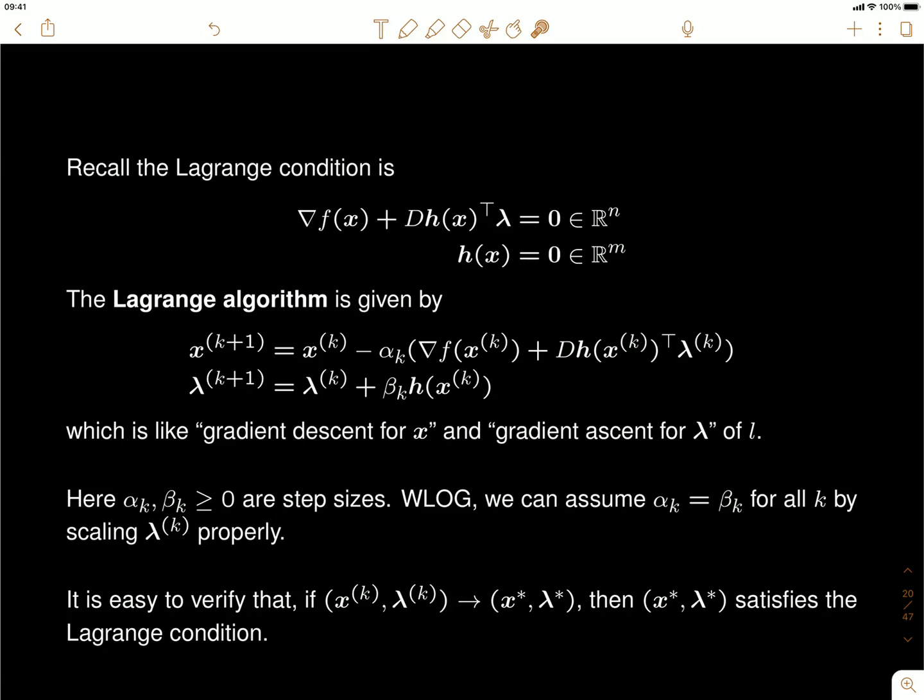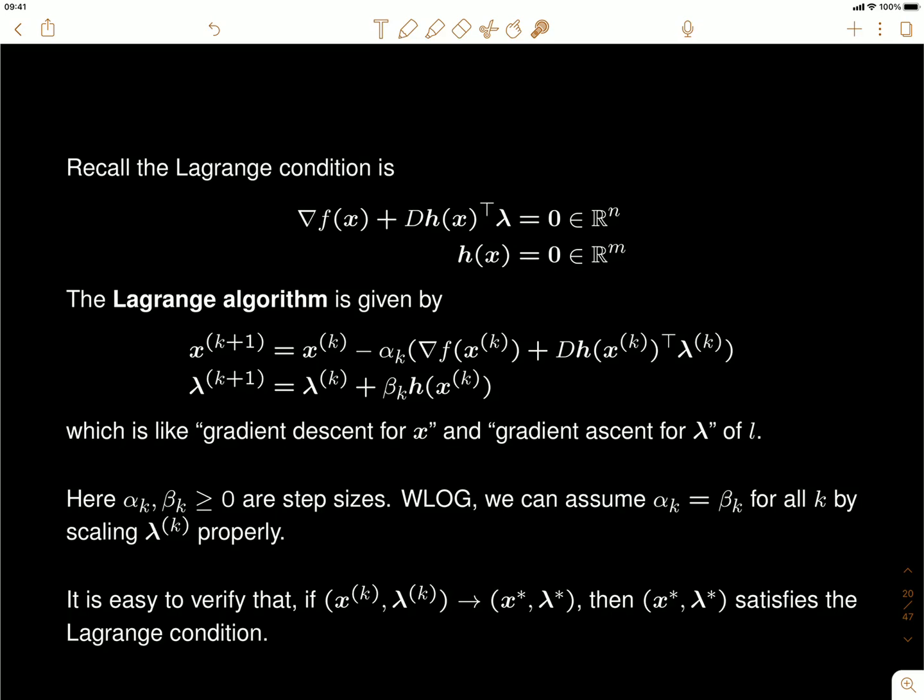Okay, so you can see there are lots of conditions, but the one sentence description of the result is that when we start from some point close to the local minimum, the Lagrange point, or the critical point right now, and we choose the alpha beta small enough, then the algorithm that we describe here will converge to that point, to the KKT point, the Lagrange point. Okay, that's what we're going to show.